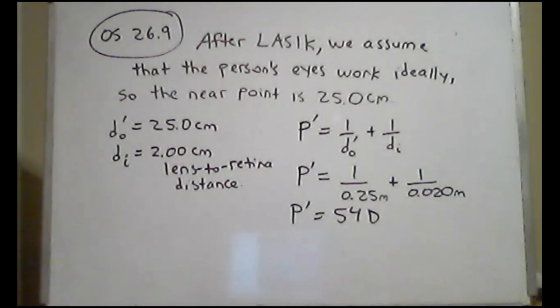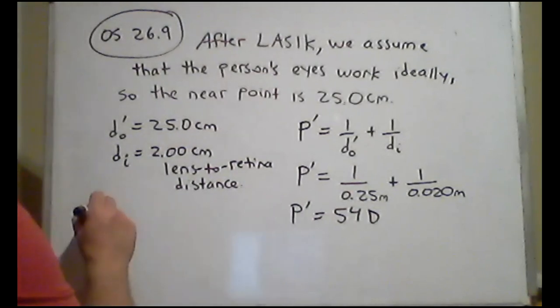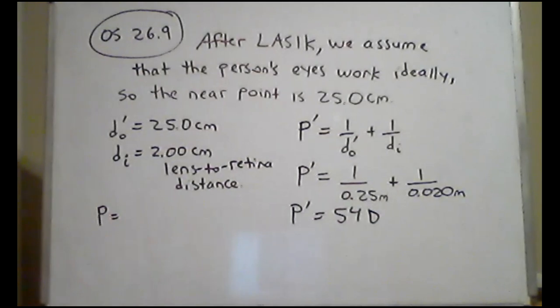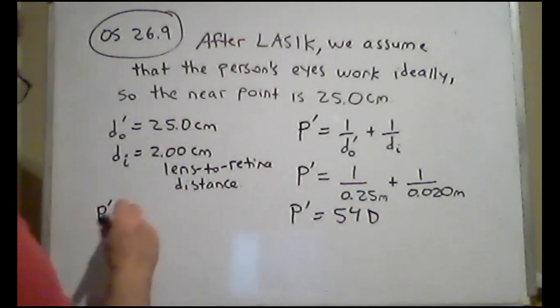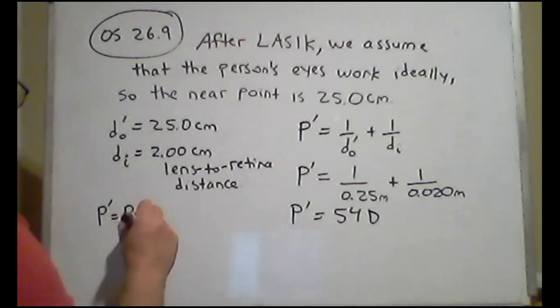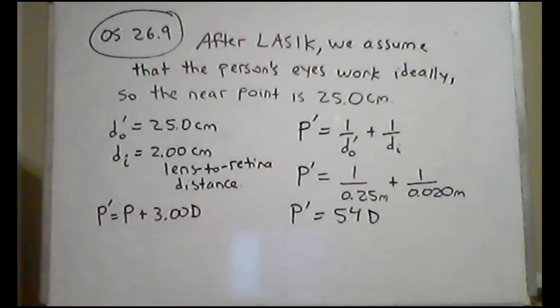But what did this person have before? We were told that we had to increase the power of this person's eye. Before, he had a power of P, and we had to increase his power by 3 diopters.